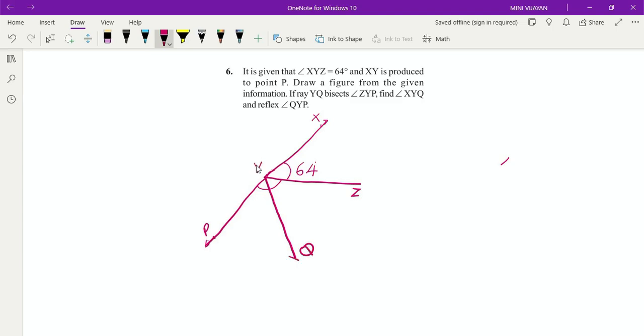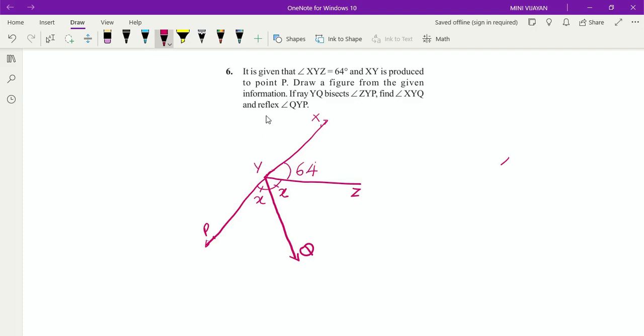This is the figure, so that these two angles are equal because it is bisected. YQ bisects ZYP. If we mark this angle as small x, this angle will also be small x.